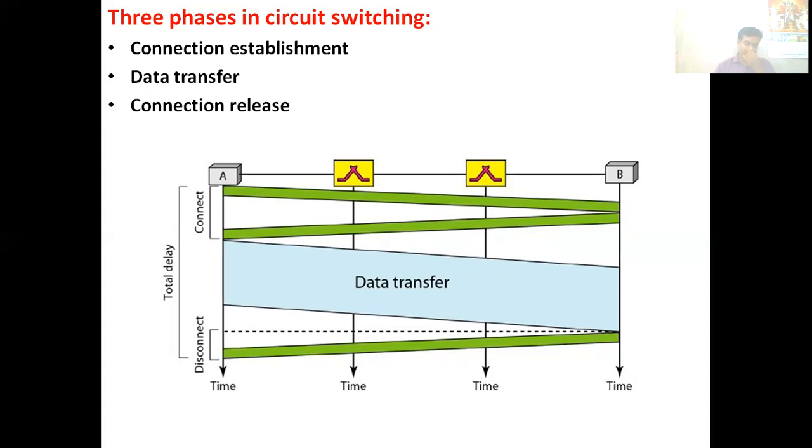From your home, you will have one line to the junction box. From the junction box, one line to the local exchange, from the local exchange to the regional exchange, and from the regional exchange to the central exchange. This is the link you have for your land phone.